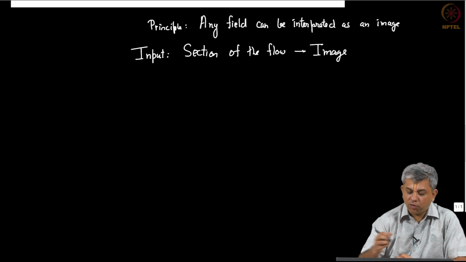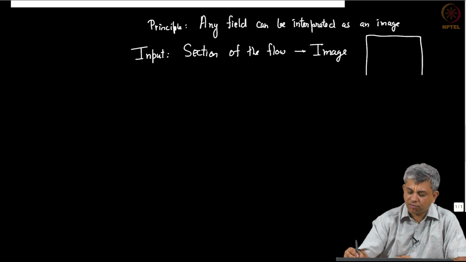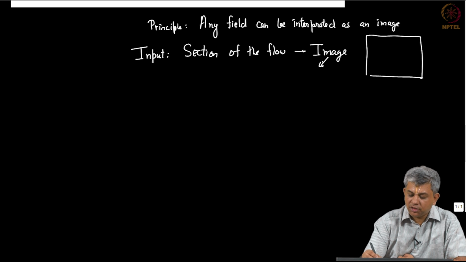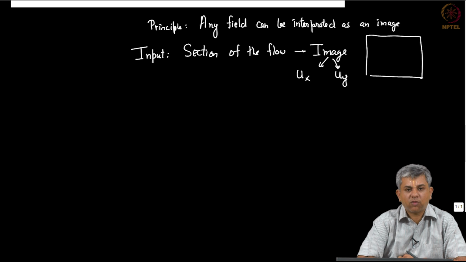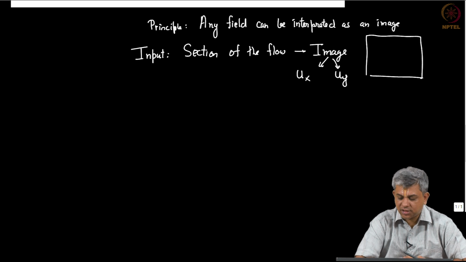Okay. Now, when we take an image, please remember that for the sake of this particular paper, they took two images, one of the x component of velocity, another of the y component of velocity. Both of these you can just take as images.